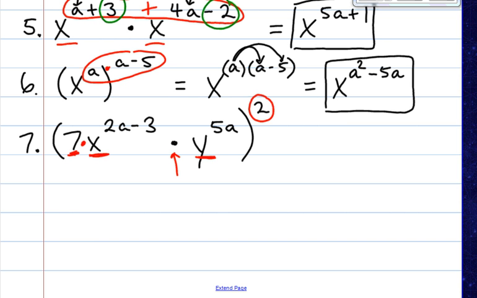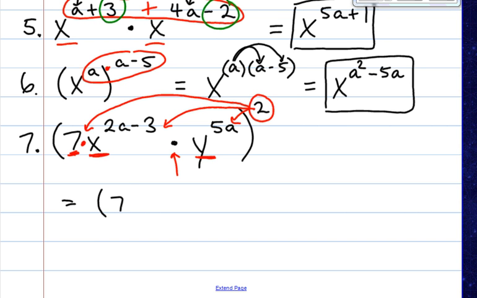So if I have a product being raised to an exponent, remember that rule is to distribute that 2. And remember we have that 7, so the 7 gets the 2, or the squared, then the x gets the 2, and the y gets the 2. So what I'm going to do is write this out kind of spread out first.